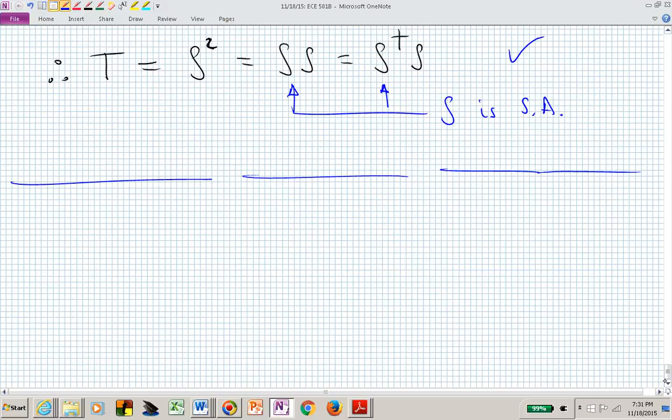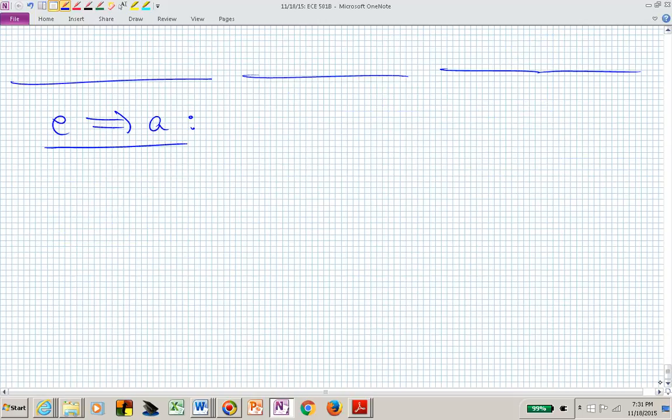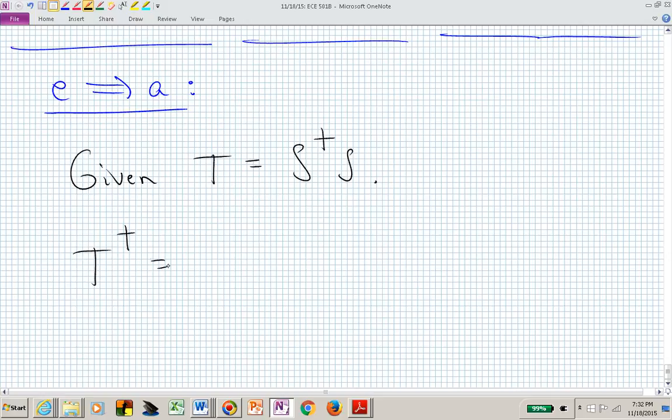What we are left with is trying to complete the circle, which says let's see if we can show that E does imply A. E says that our linear operator T is factorable in terms of S dagger S. So now if we look at T dagger, or the adjoint of T, if we start with S dagger S and take its adjoint, again we have to remember how to take the adjoint of a product.